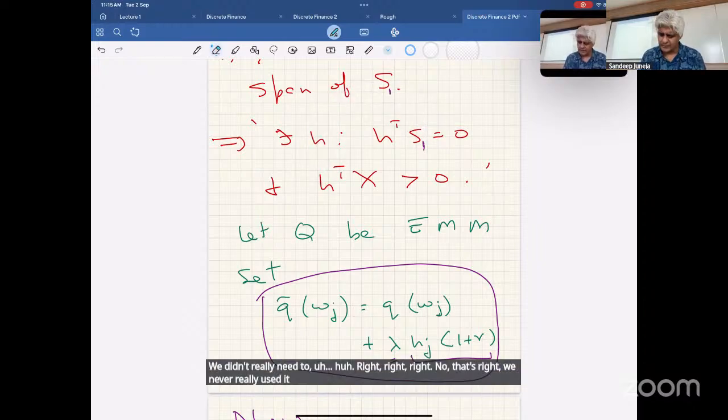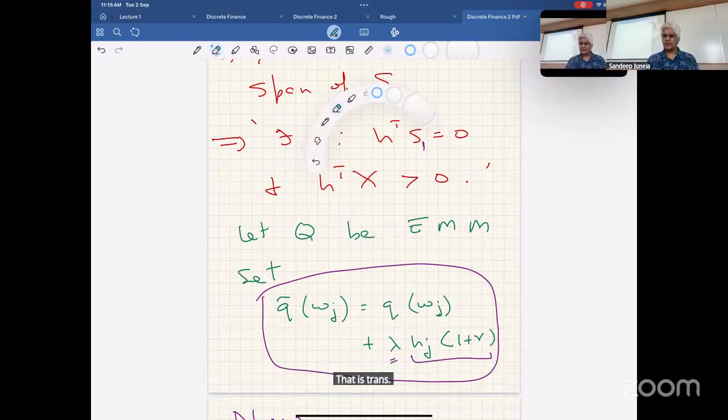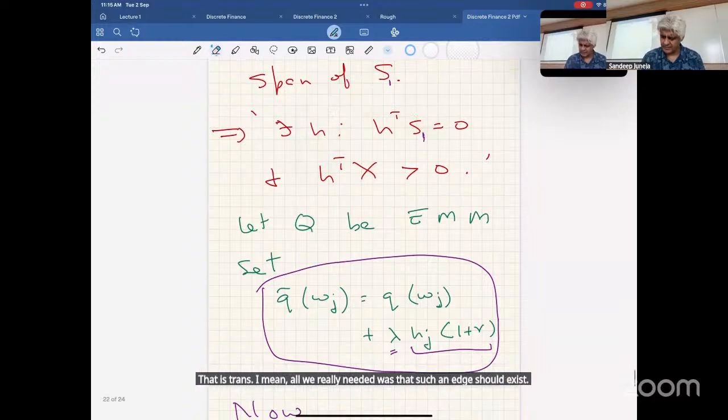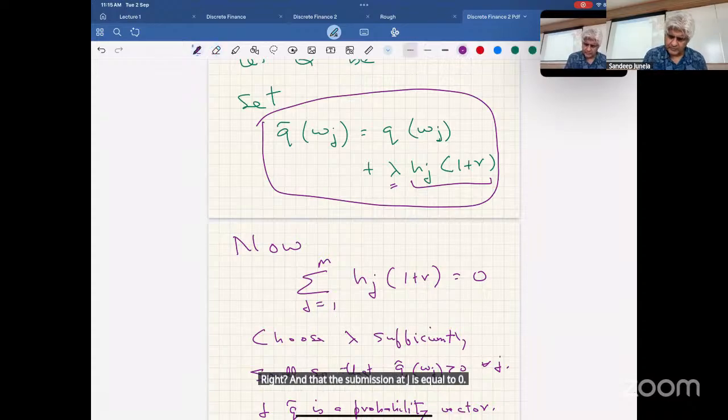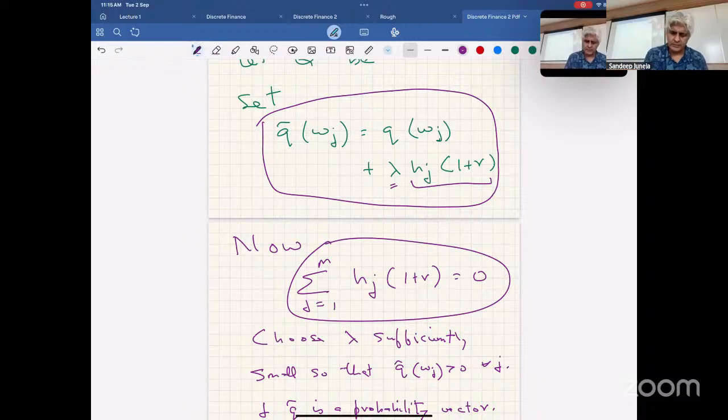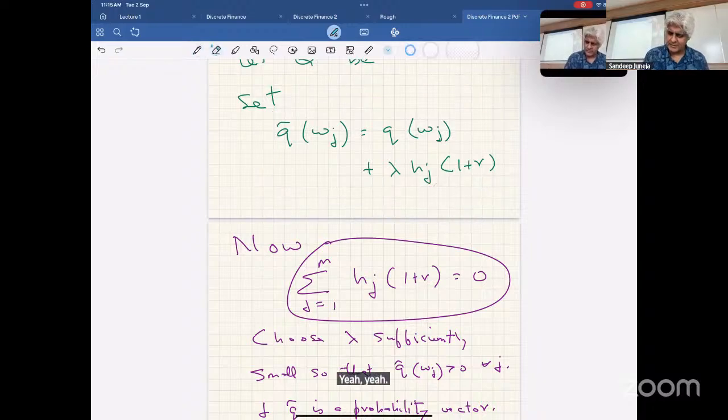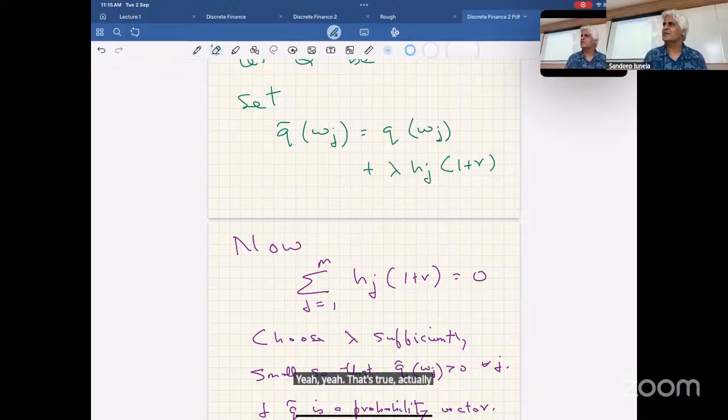You're right, we used that H transpose X is greater than 0. All we really needed was that such an H should exist, and that the summation of Hj is equal to 0. Actually, I made a big deal out of it, but we don't need it.